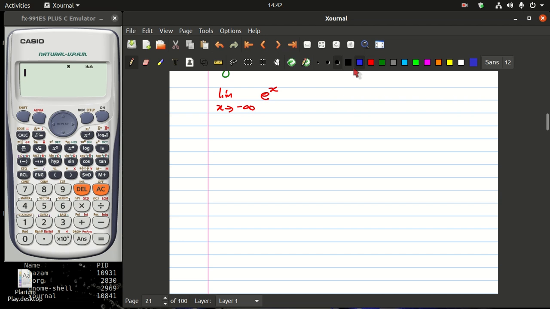So if it was, we were going to end up having e raised to negative infinity. Whenever you have a negative exponent, you end up having 1 over e raised to a positive exponent. Negative exponent means that we have 1 over.